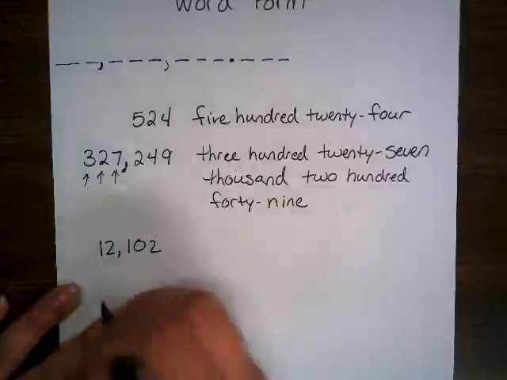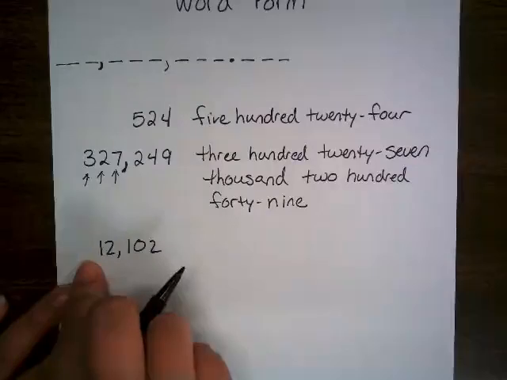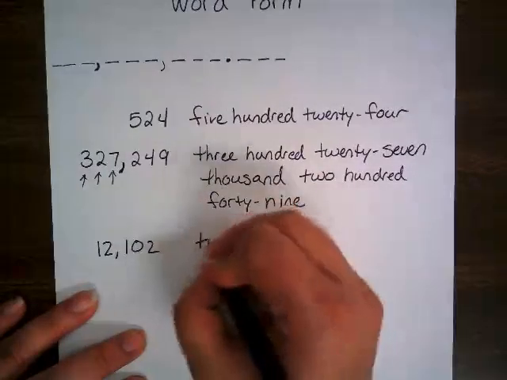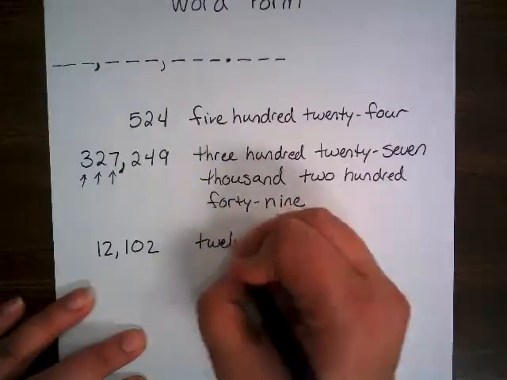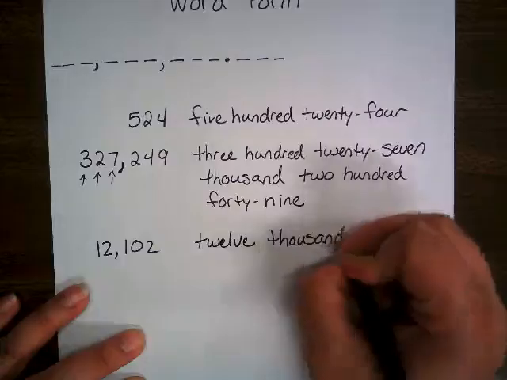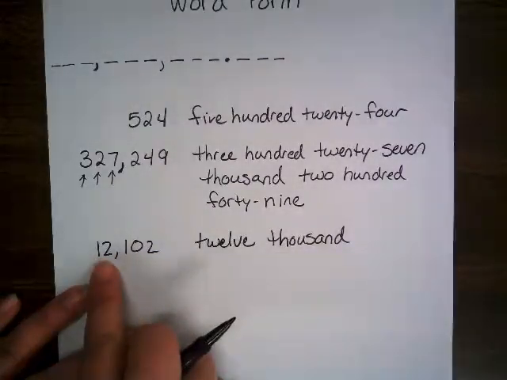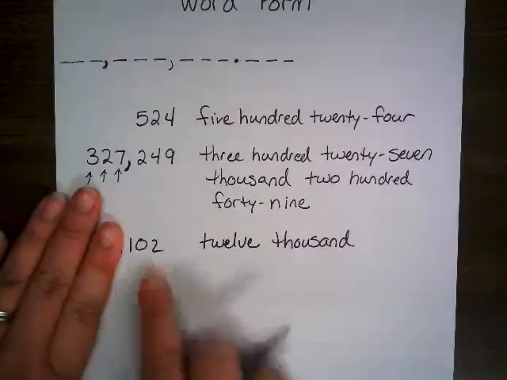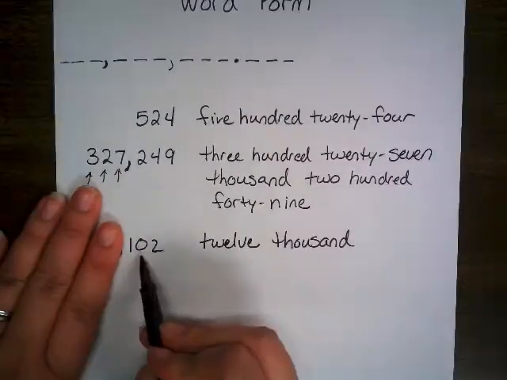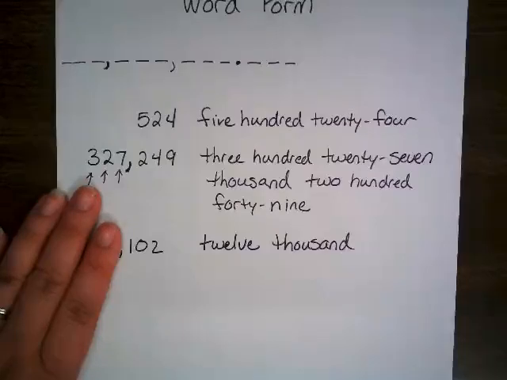I know that this is 12,000 because there's no hundreds value, and I see that that's a 12 right there. So I'm going to write 12,000. And then I'm going to cover that up, and I'm going to think about what this says. Wait. There's no value right there. So am I going to write a 0?